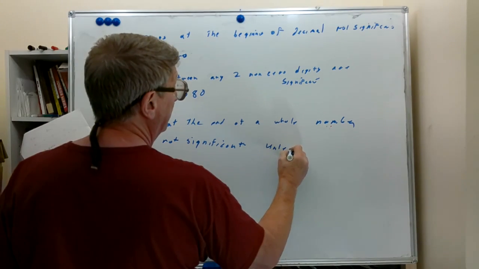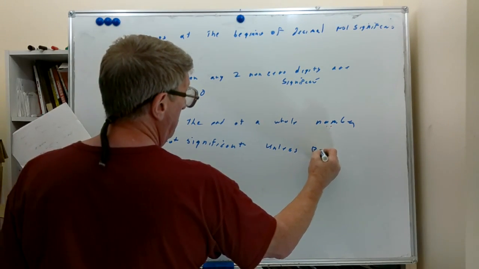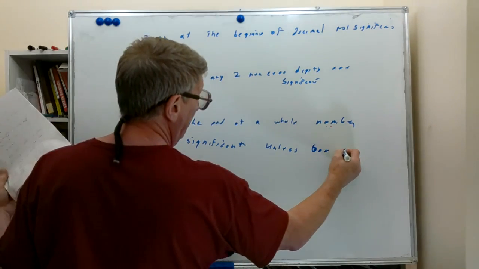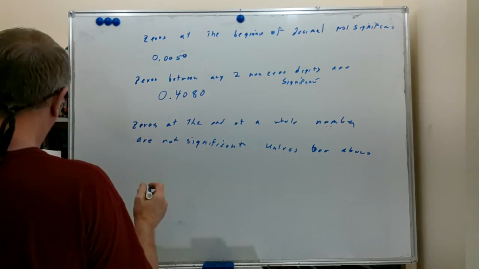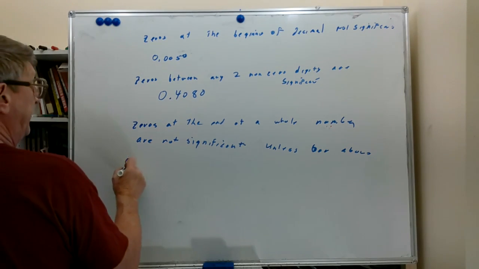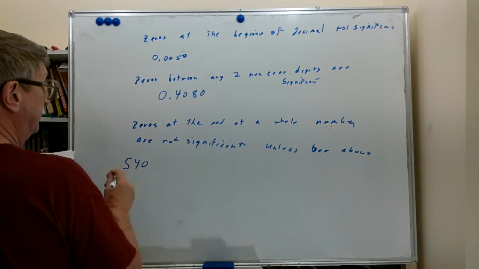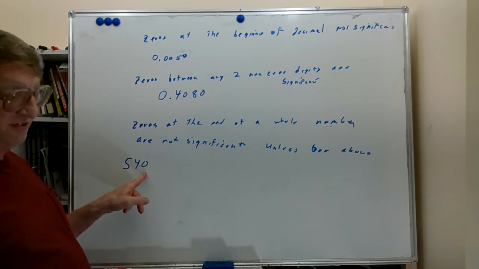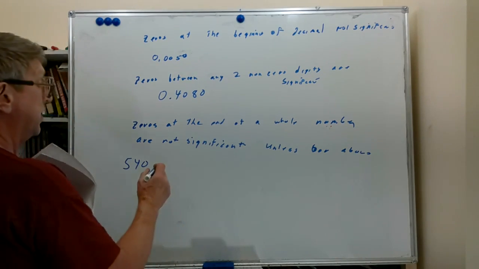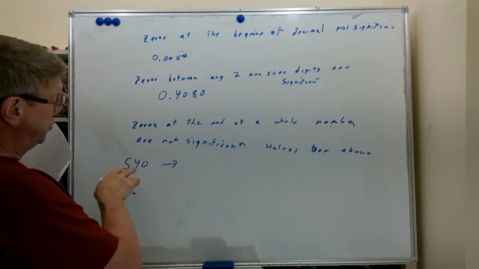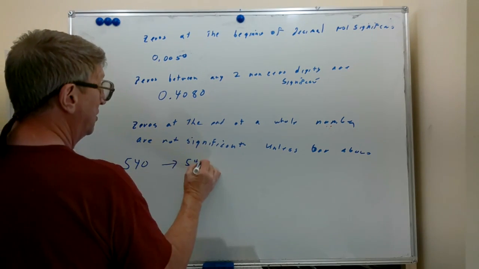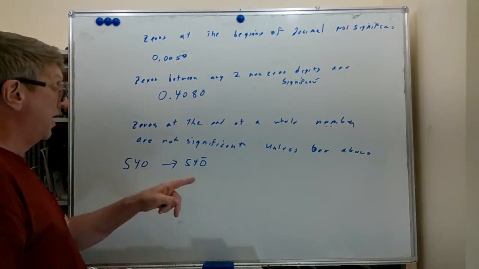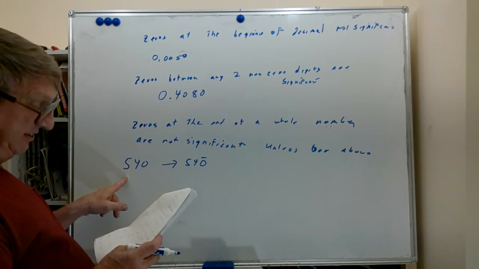Unless a bar is above them. Example. 540. To write it like that, the 0 is not significant. But that would be 2 significant digits. If we put the bar over it, the 0 is significant.